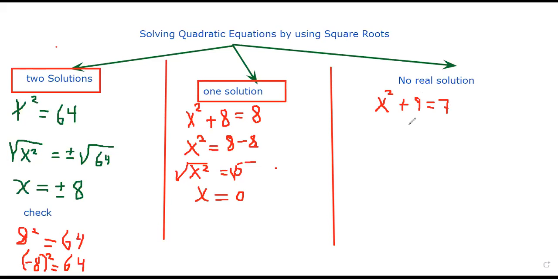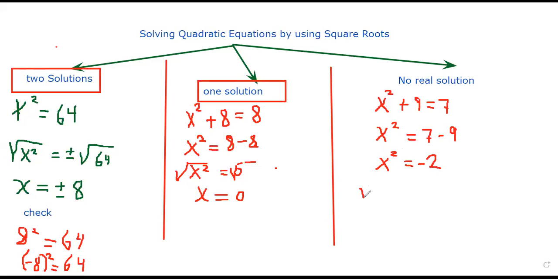For 9, it's -9, or we can transfer 9 to the opposite side with a different sign. Both will give us x squared equals 7 minus 9. Then x squared will be equal to -2, right?